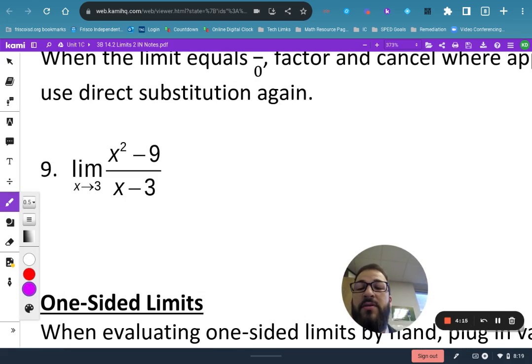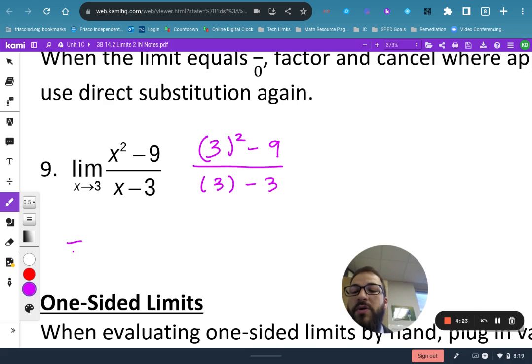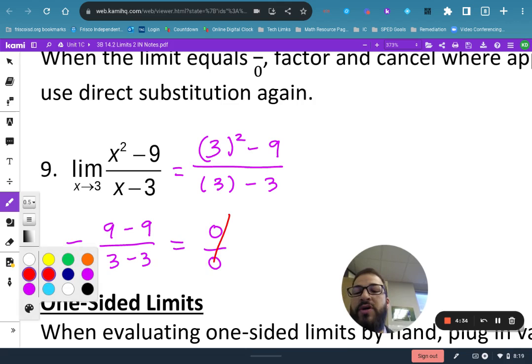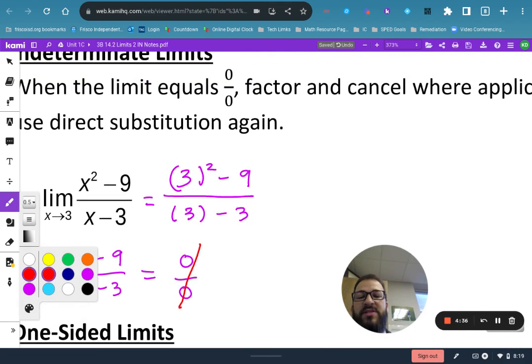So we're going to plug in 3. So we get 3 squared minus 9 over 3 minus 3, which is equal to 9 minus 9 over 3 minus 3, which would be equal to 0 over 0, which is no good. That is our indeterminate result.